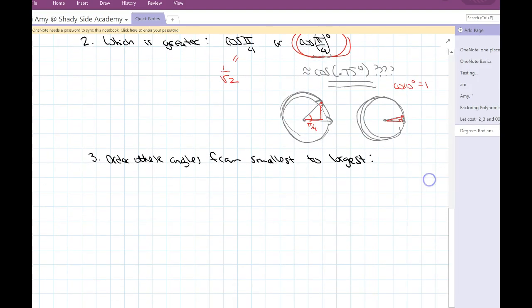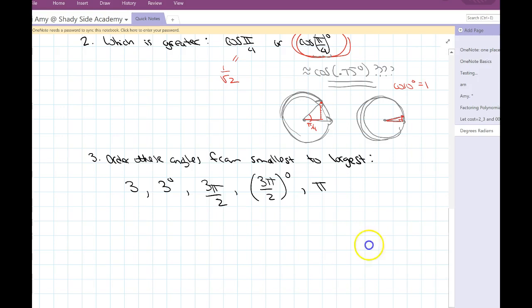I'm curious to see what you come up with. Order these angles from smallest to largest without a calculator. I'm curious to see what your answers are.